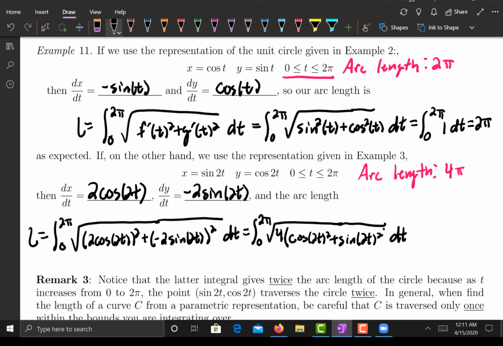And just like before, cosine squared of an angle plus sine squared of the same angle gives me 1, which means I'll have left in the integral square root of 4. Square root of 4 just gives me 2. Meaning, after simplifying, I just get the integral from 0 to 2 pi of 2 dt, or 4 pi, which is what we expected from before.